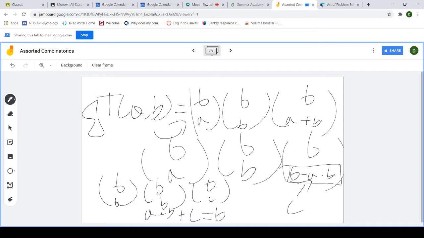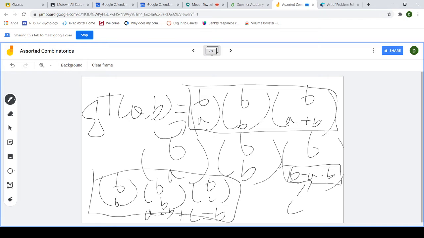This is the same problem, right? Because every value of a and b corresponds to a value of this. In other words, we want to find the sum of all values of 6 choose a, 6 choose b, 6 choose c over all possible values of a, b, and c that sum to 6.